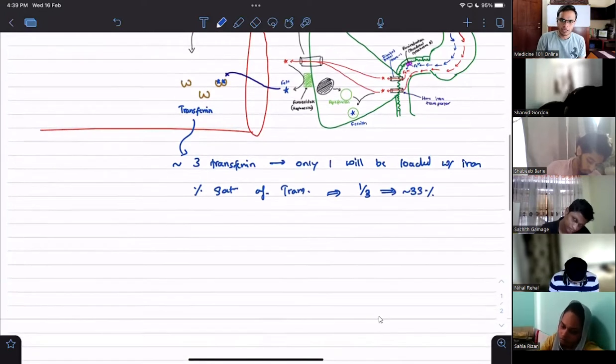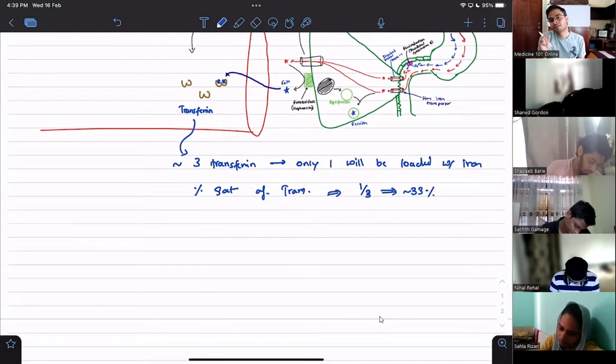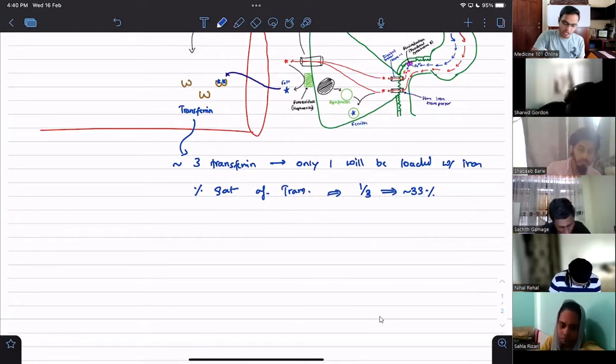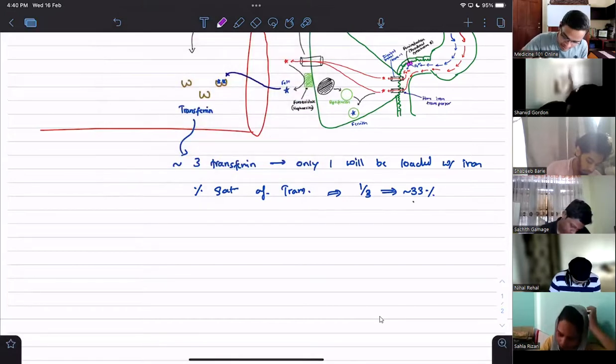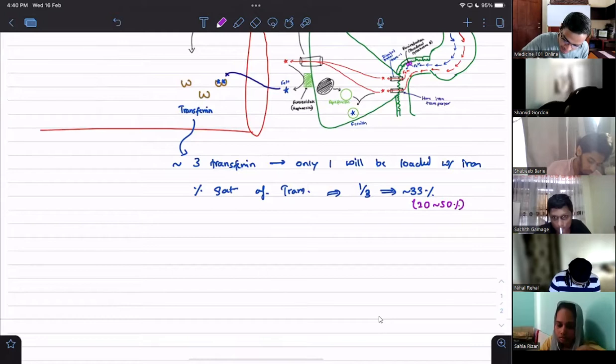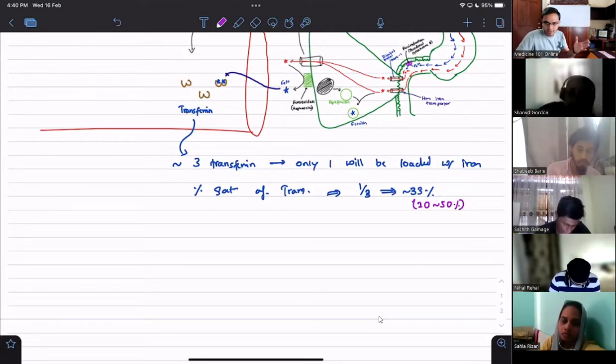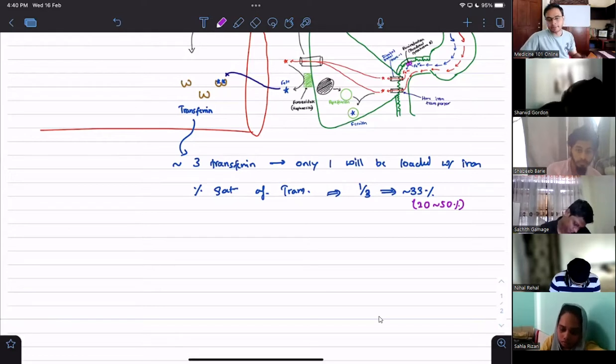Now you all know hematology, guys, all of the values are in ranges. If you look at the laboratory range for this, we usually say the normal range is 20 to 50%. I'm giving you the 33% just for the calculation to make it clearer, but the normal range is 20 to 50%.